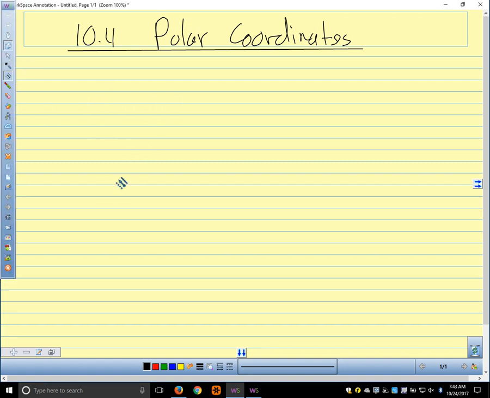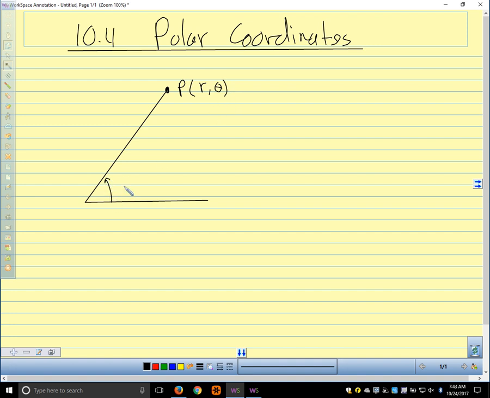Here is our setup. We have a point out here in the plane, and we're going to label its coordinates r, theta. Theta is the angle measured counterclockwise from the horizontal axis that we're going to call the polar axis.